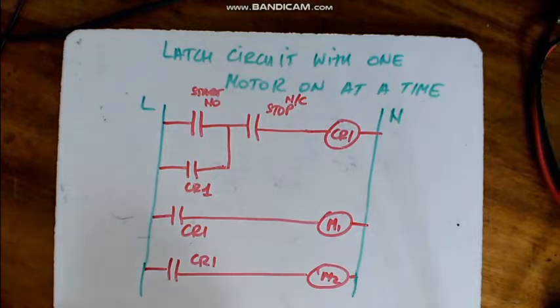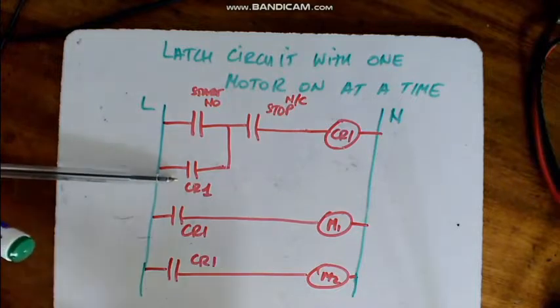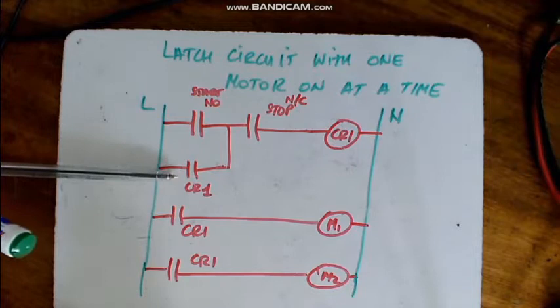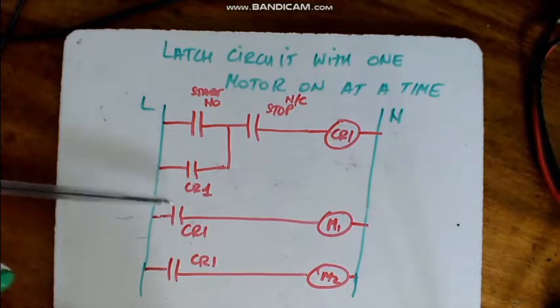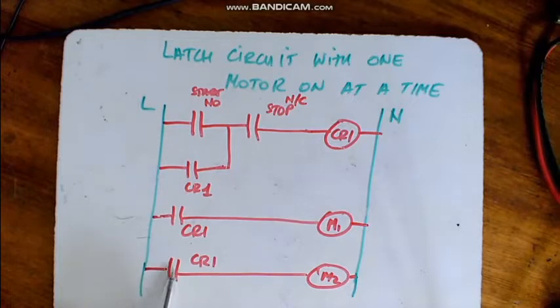So if both switches are the same, what would this mean? This would mean that once contact relay 1 is closed, this switch is going to close, this motor M1 is going to run, CR1 will also close and motor 2 will also run.